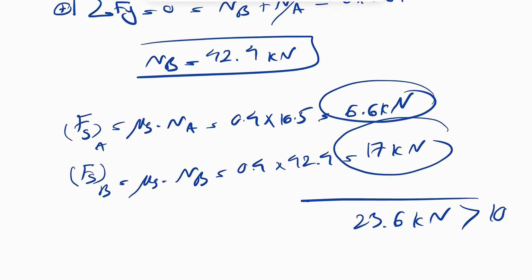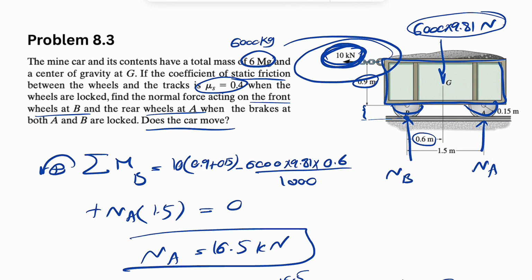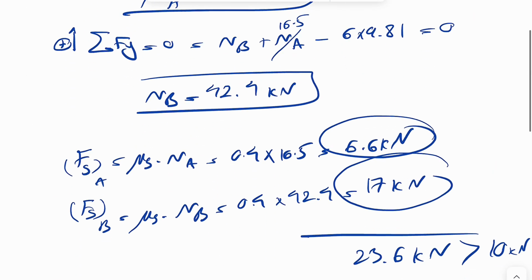So our friction is way more than the 10 kilonewton applying to the car. So that means the car will not move because the friction that we have is more than this force, and the wheels are not going to slip.